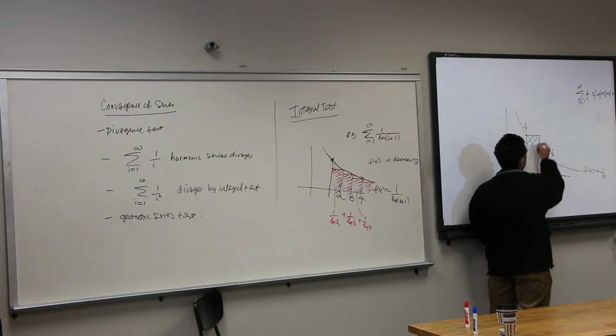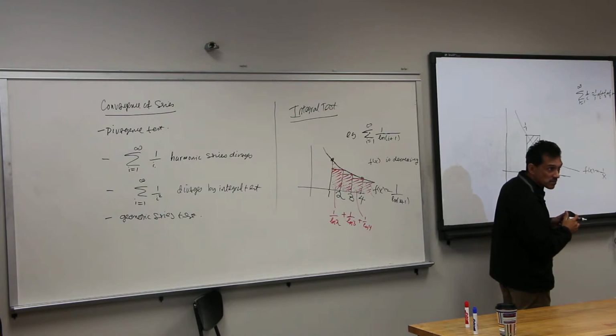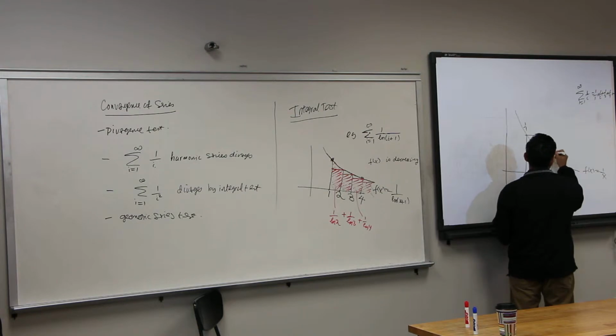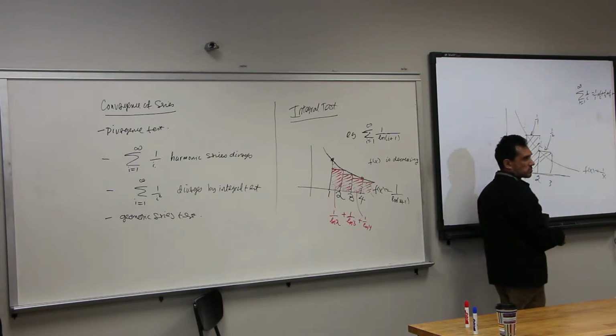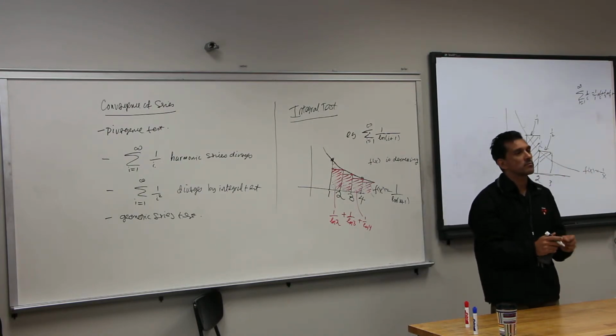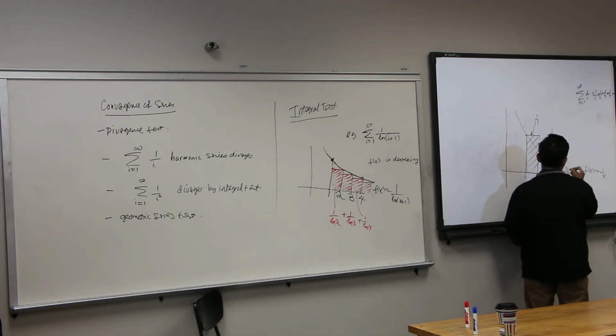And what would be that? 1 over 1. Copy that. 1 over 2. The height is 1 over 2 and the width is 1. And what is that? 1 over 3.